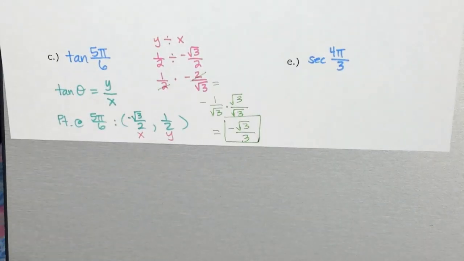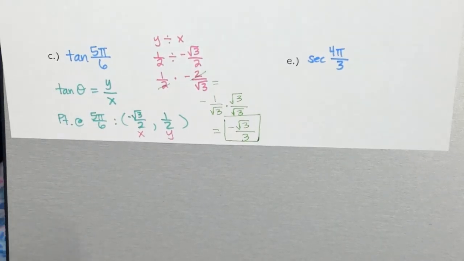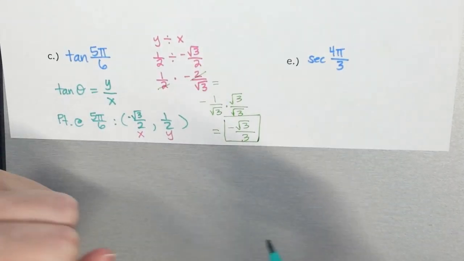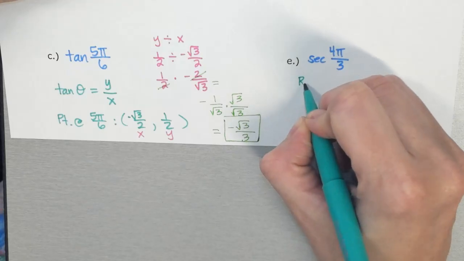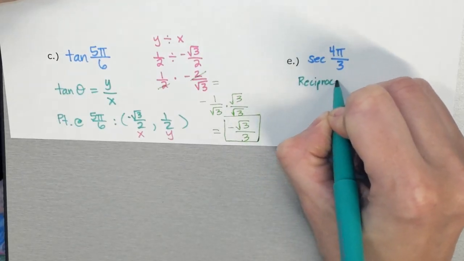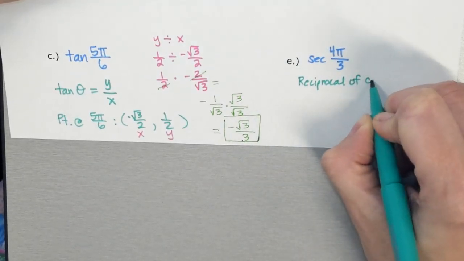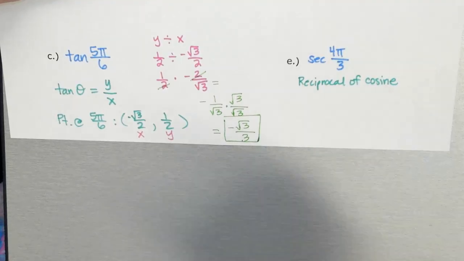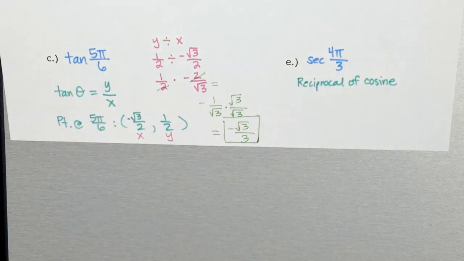So not the inverse, we will talk about inverses, and not the opposite, because opposites are like positive and negative. So this is the reciprocal of the cosine. What we can do is find the value of the cosine, and then just flip that value.